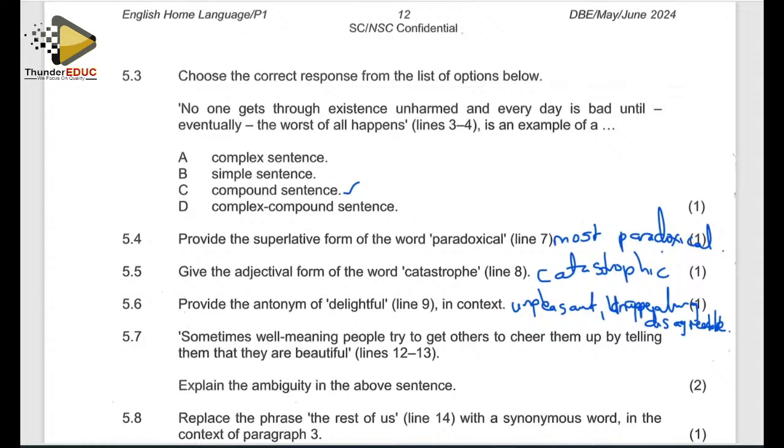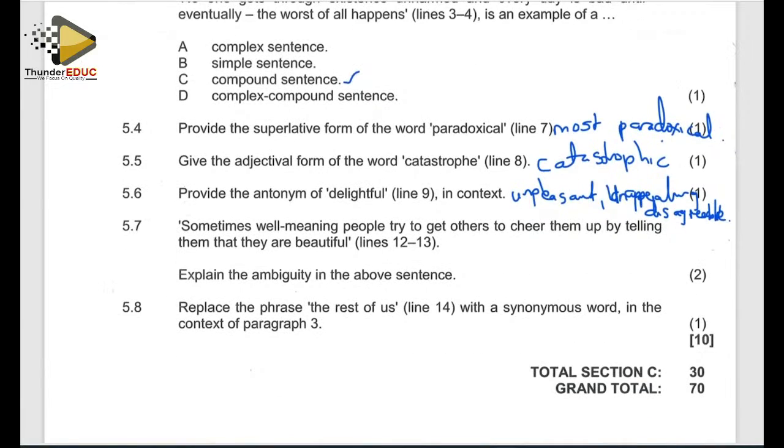Sometimes well-meaning people try to cheer others up by telling them that they are beautiful. Explain the ambiguity in the above sentence. Ambiguity must be identified from the subjects. We have well-meaning people who try to get others to cheer them up by telling them that they are beautiful. The ambiguity is who is being told they are beautiful.